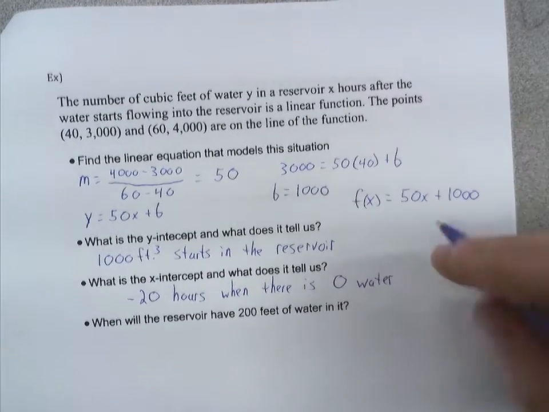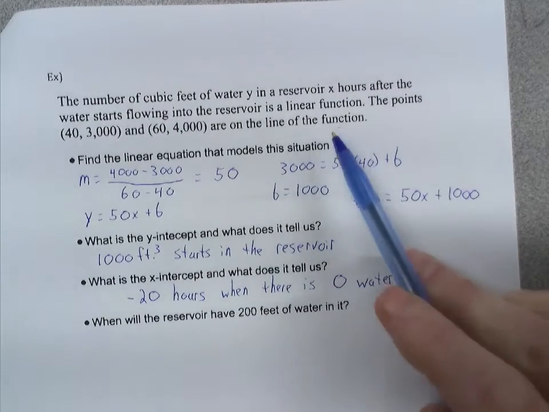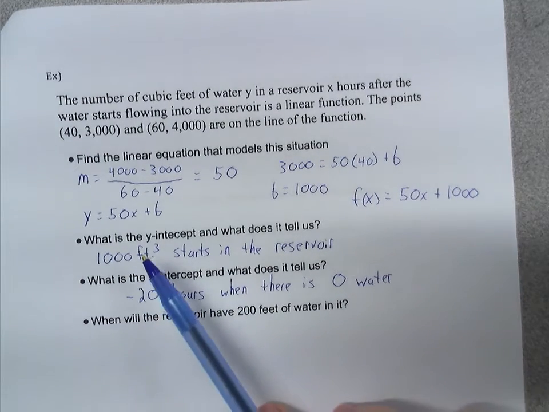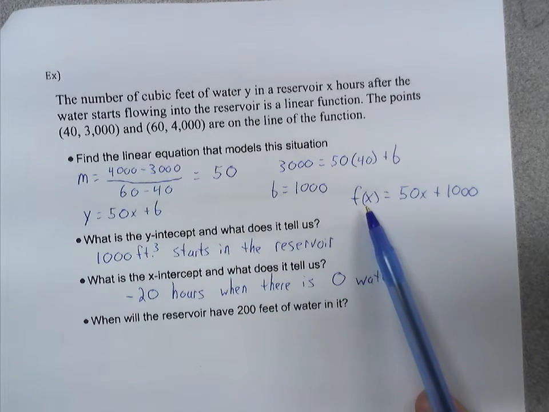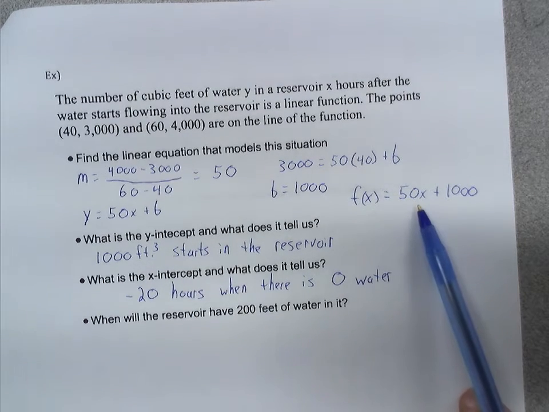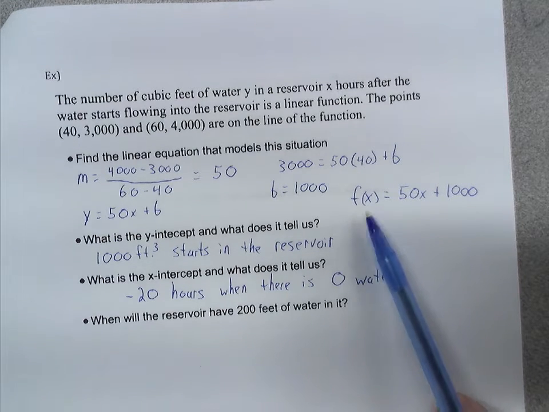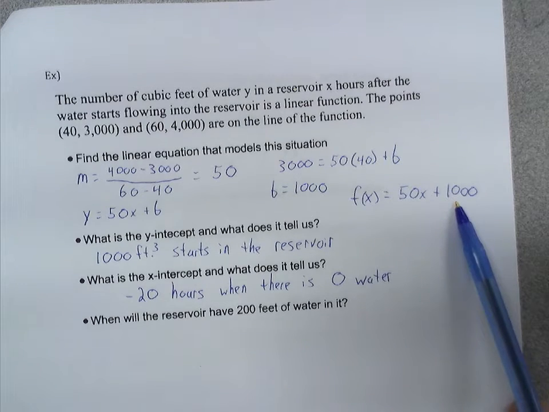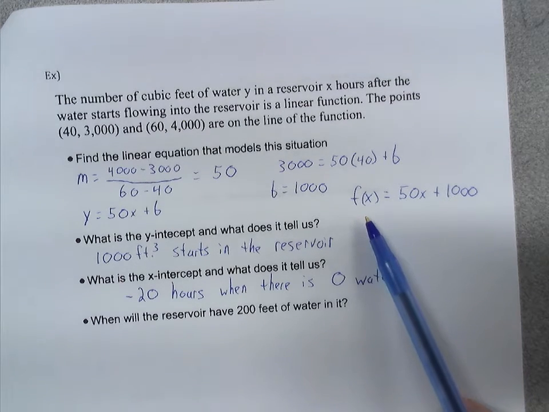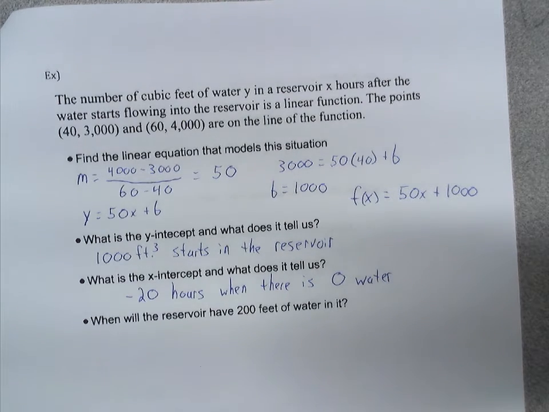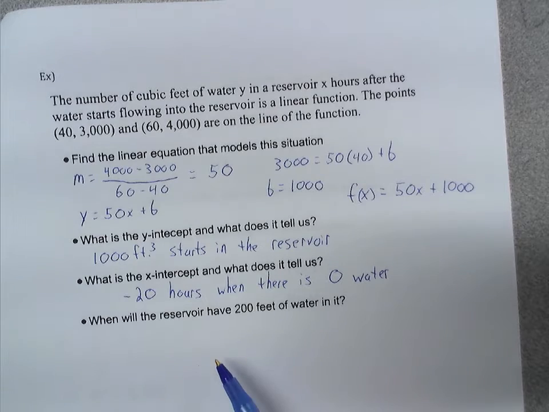So no water at all, because y is telling us how many cubic feet of water we have. How far back would we have to go in time to have 0 cubic feet of water? So we put 0 in for the function. 0 equals 50x plus 1,000. Subtract 1,000 from both sides, so I get 50x equals negative 1,000. If I divide negative 1,000 by 50, I get negative 20 hours.